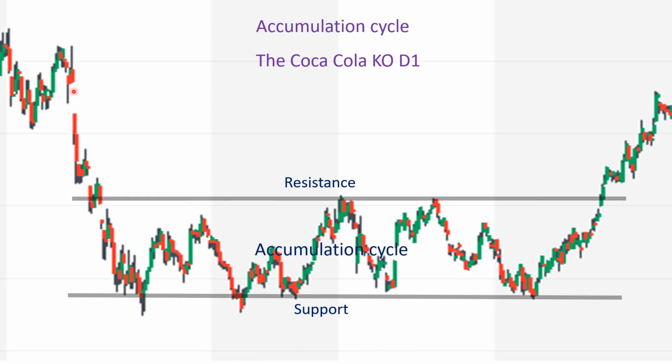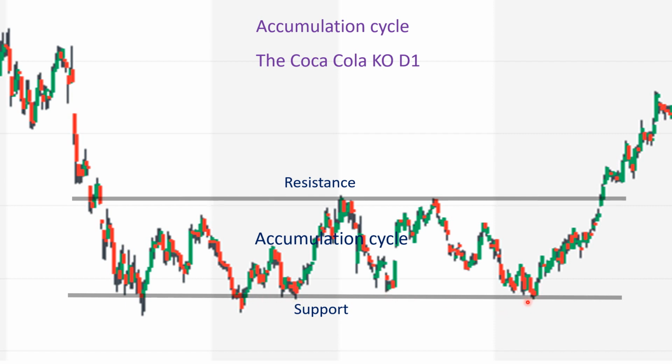So when the price comes down to this level, the price drops so much, and the smart money, the institutions, people with lots of money, they buy their shares around this area.